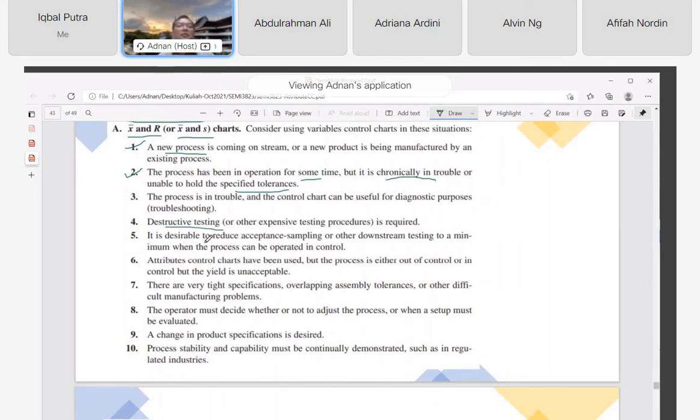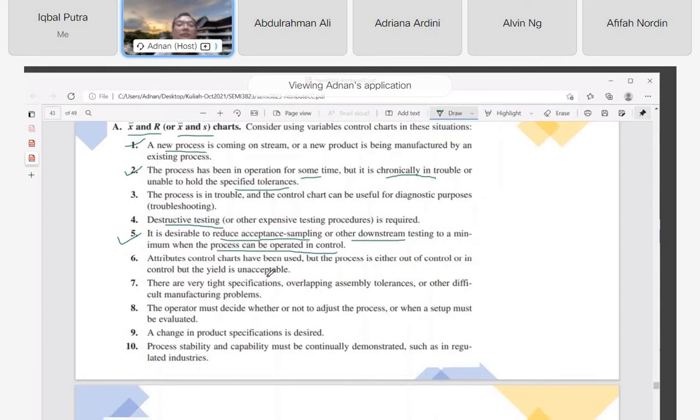It is always desirable to reduce acceptance sampling or other downstream testing to a minimum when the process can be operated in control. When the process is in control, we don't need to worry about doing a lot of inspection because we are guaranteed that the output from a stable process will be good.